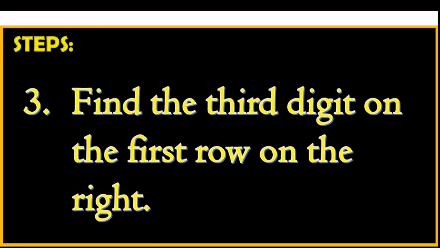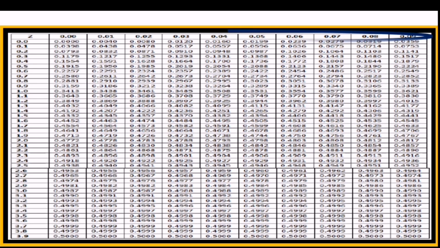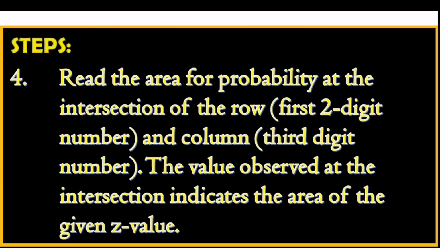Step 3. Find the 3rd digit on the first row on the right. Step 4. Read the area for probability at the intersection of the row, first 2-digit number, and column, 3rd digit number. The value observed at the intersection indicates the area of the given z-value.